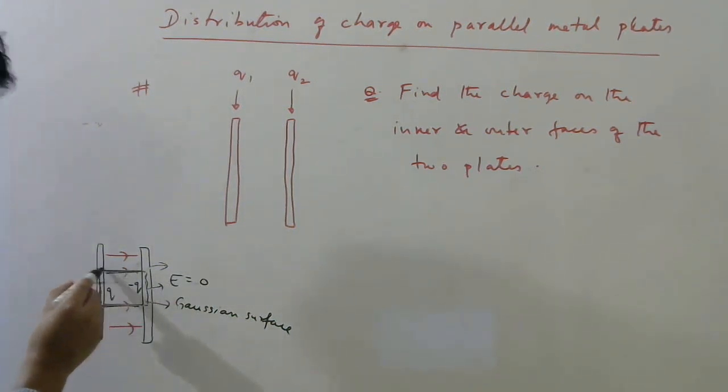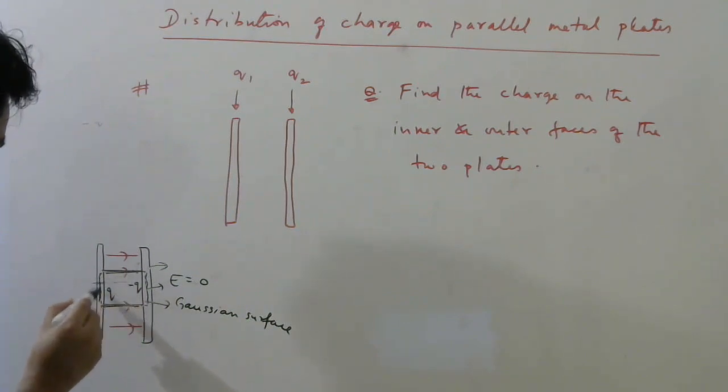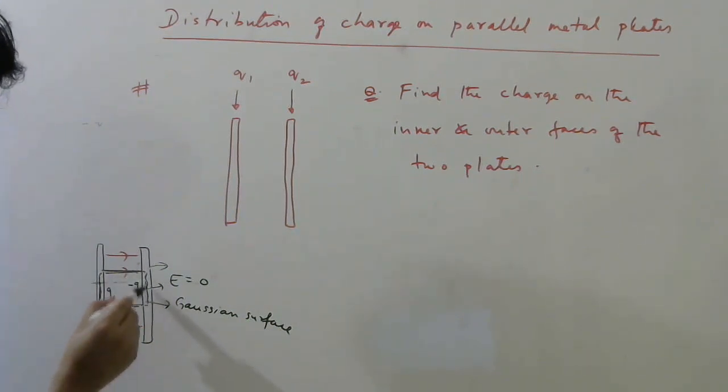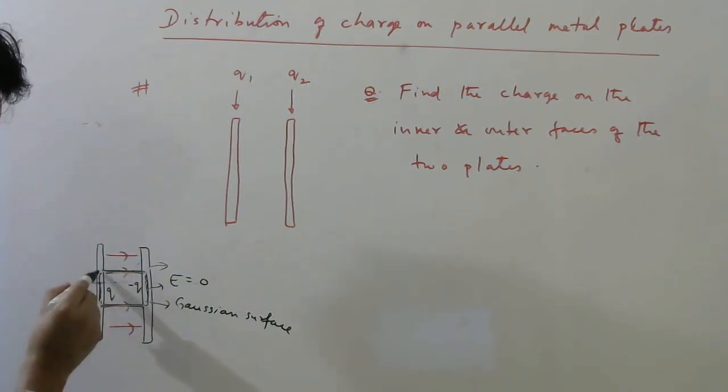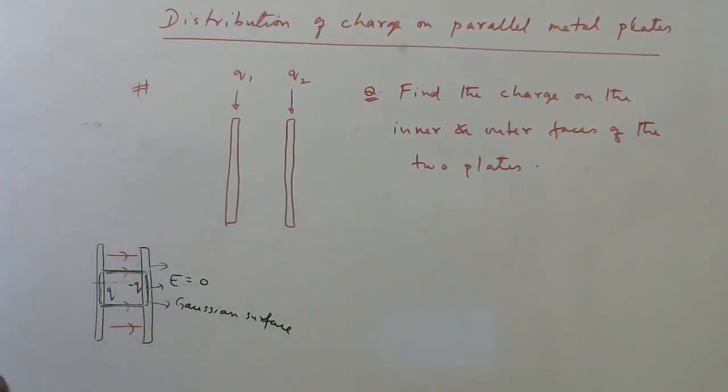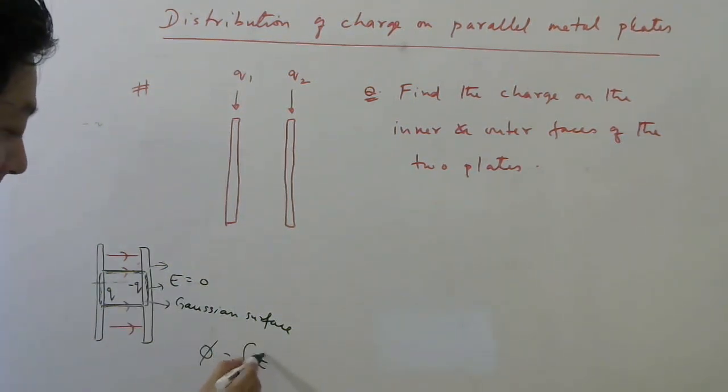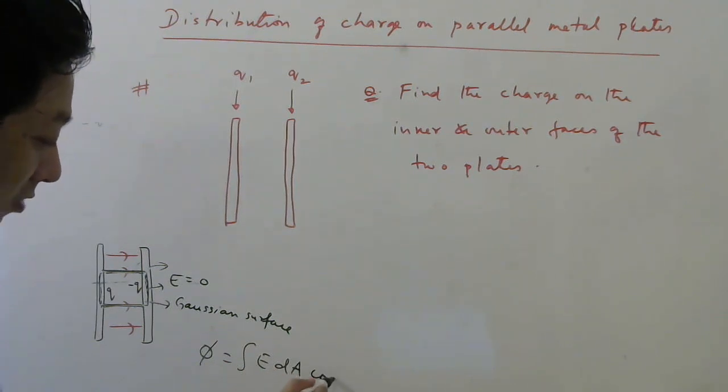So this part there will be no total flux. Why? Because here there is no flux, here there is no flux. This surface and this surface are inside the material of a conductor where electric field is 0, and if electric field is 0, flux also will be 0. This is the formula for flux. Yes or no, students? If E is 0, flux will be 0.